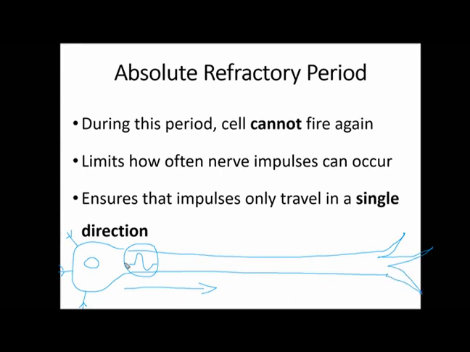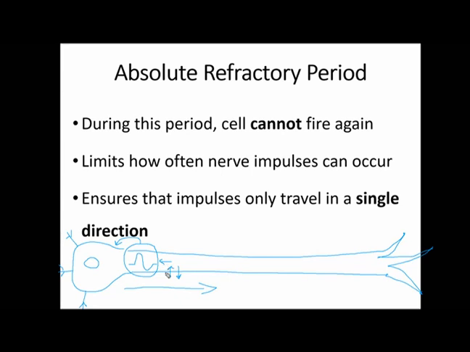And so if it's only going to be going this way, you want to make sure this part of the neuron firing can't go backwards. Because if our axon is like a big straw, a big open space, and we're letting ions come into and out of the cell, what's stopping an ion from traveling backwards?